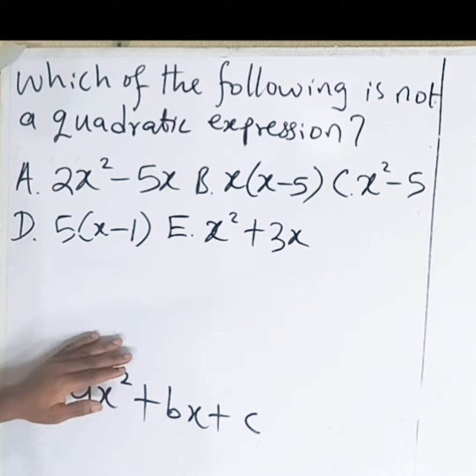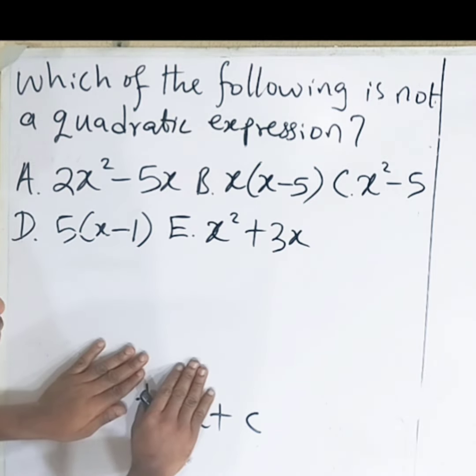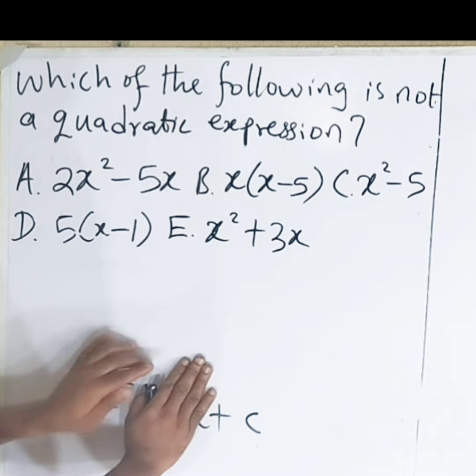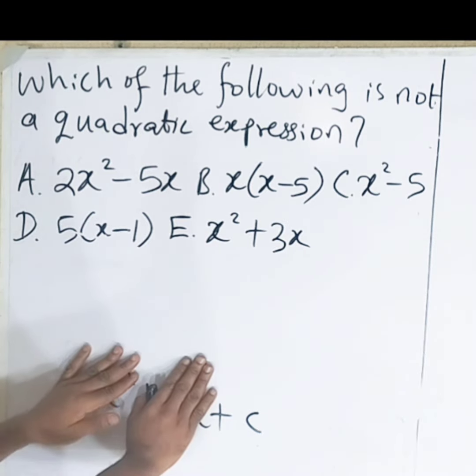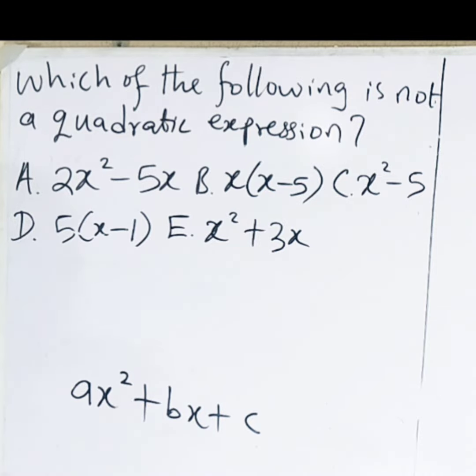Then if we remove both ax squared and bx, remaining c, what we have is just a constant function. So, what makes it a quadratic is x squared. So we check anyone that has x squared, that one is a quadratic expression. The one that doesn't have x squared is not a quadratic expression.